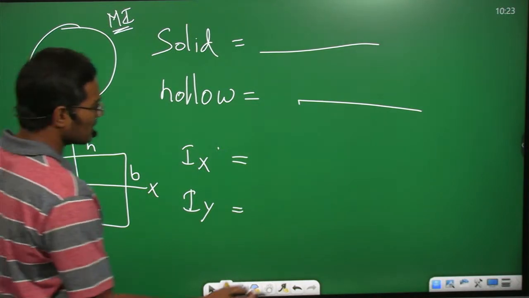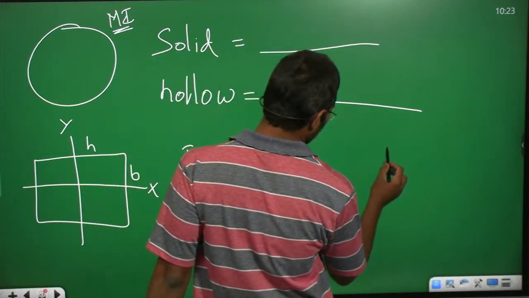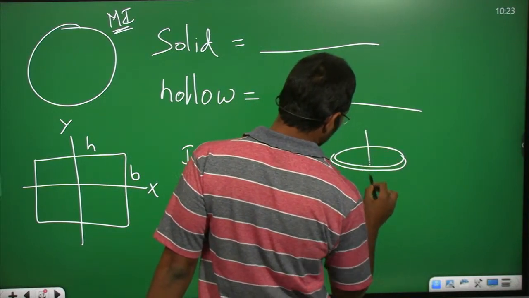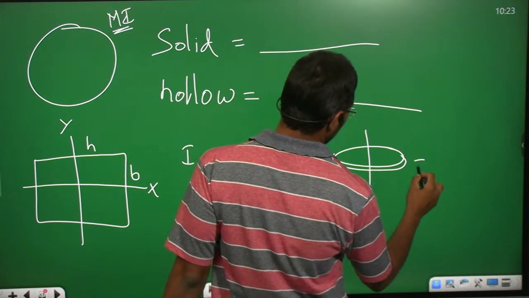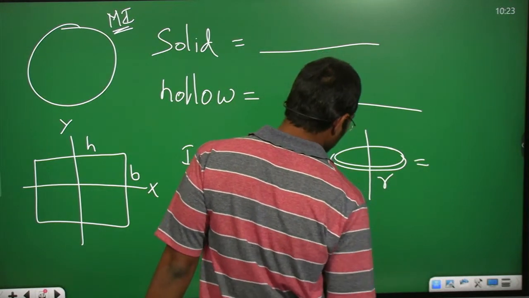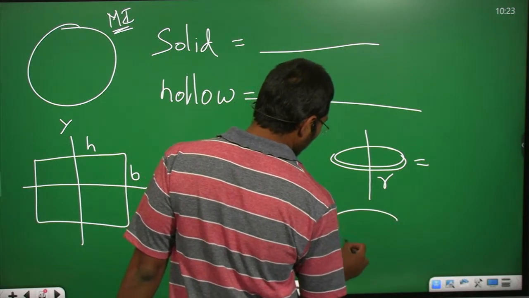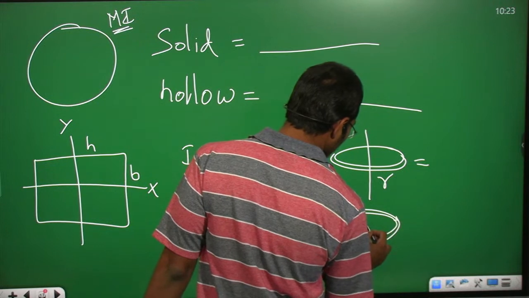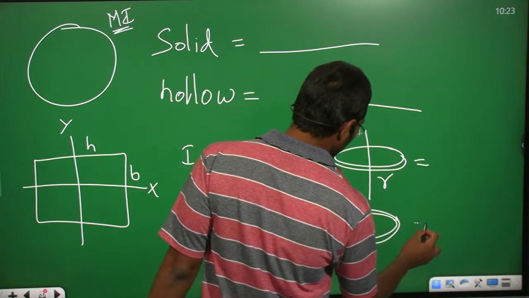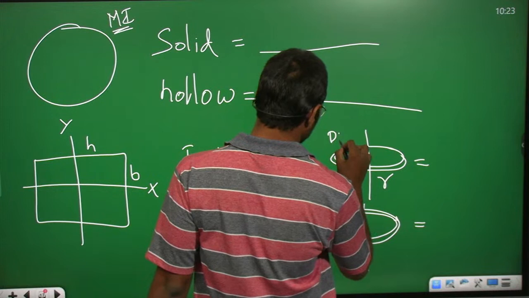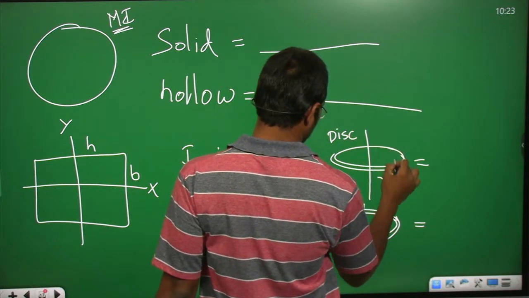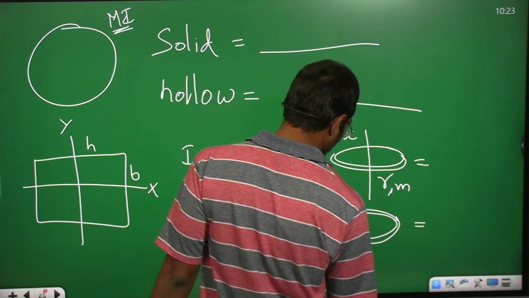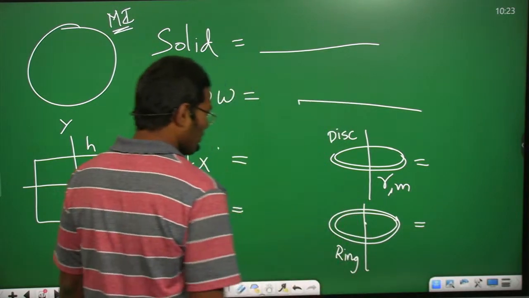So, uniform disk whose radius is R. Uniform ring, mass M, radius R. Ring. 1, 2, 3, 4, 5, 6.